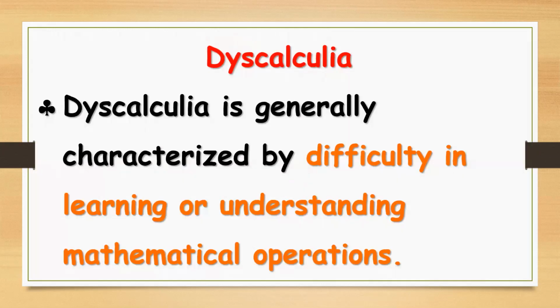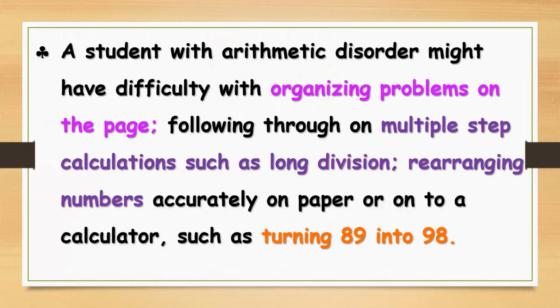Next comes the point, dyscalculia. Dyscalculia is represented by difficulty in learning or understanding mathematical operations. Arithmetic disorder, in which the child may face difficulties in organizing the problems on the page, multiple steps of calculations such as the long division method, rearranging the numbers accurately on the paper.